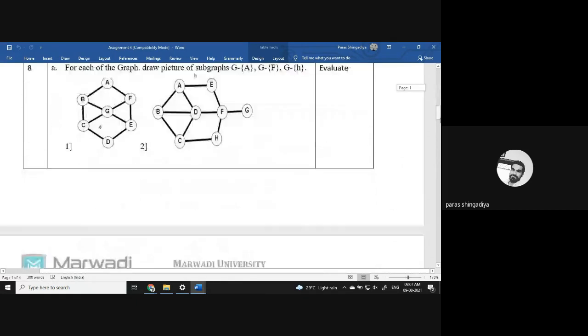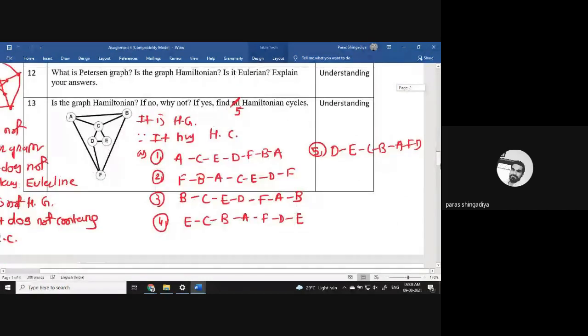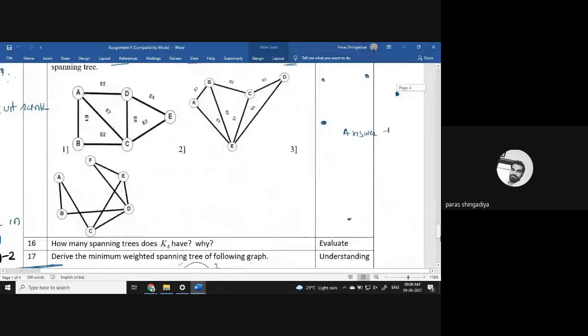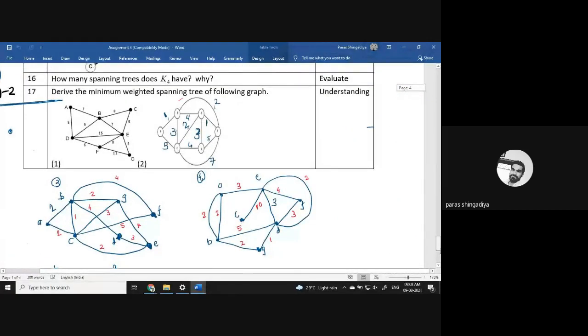Is there any question pending in assignment 4? Question number 17 was the last question. Okay, so that assignment we had finished in the last lab.